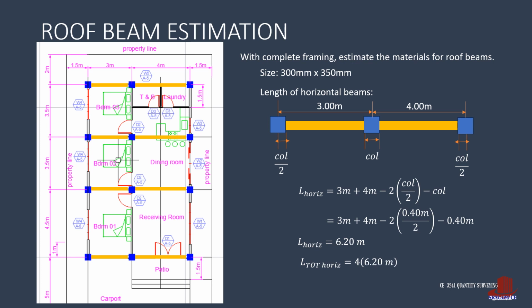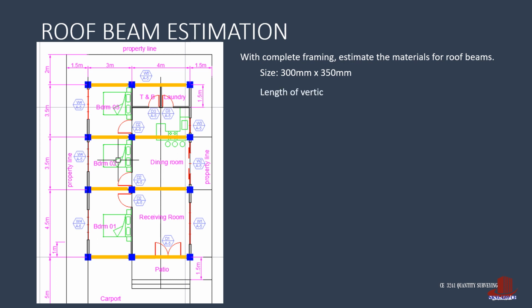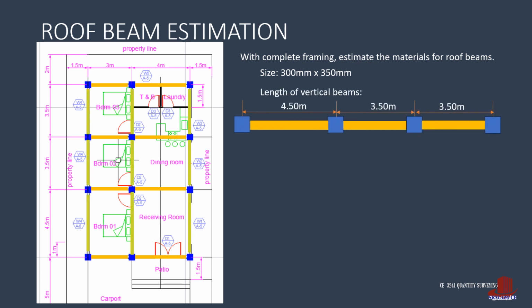The total length is then computed as 4 units of horizontal beams times the length of 6.2 meters, which is then 24.8 meters. Do the same with vertical beams. The total length of clear spans is computed as the gross length minus twice of half of the column on both ends and also 2 whole column widths.